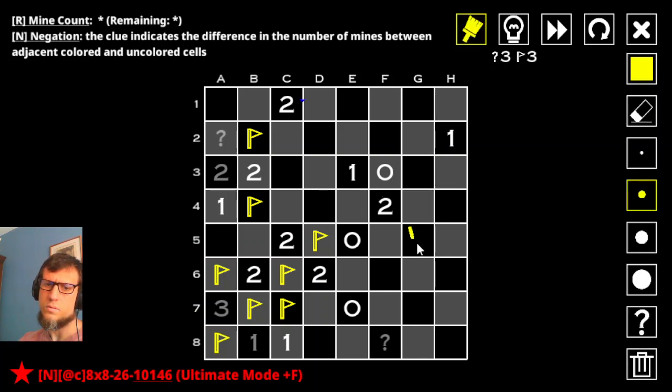Okay, so for instance, if this is a mine, it would force this to be a mine and kill all of that. Well, actually, let's not say that right away. There's two possibilities. One, you have all three mines, so this is 3 minus 1 equals 2. But now the 0 has 3 grays and only space for 2 blacks, and so it's impossible. So that possibility is not a possibility.